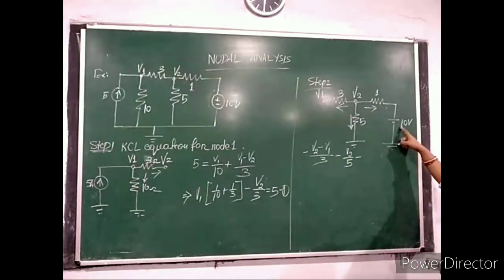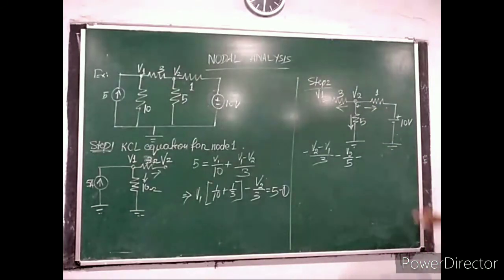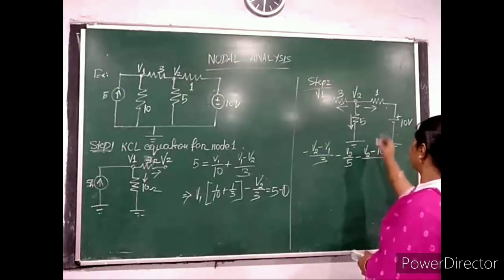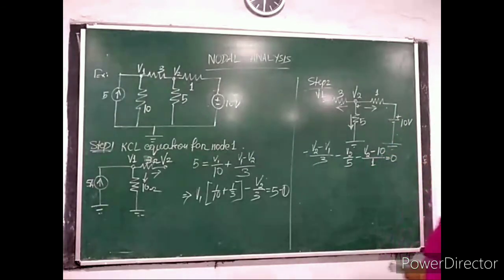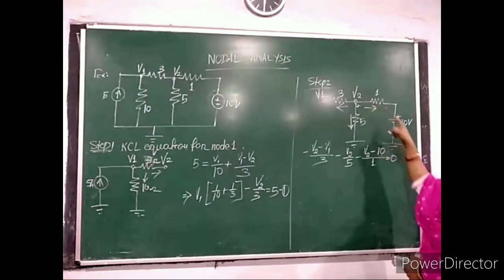Here again a voltage source is there. This is the positive terminal, and its sign is positive. Positive terminals are towards each other, so the total potential is (V2 minus 10) by the resistor 1. Why V2 minus 10, and not 10 minus V2? Because in the procedure I said that for whichever node you write the KCL equation, you assume it as a source node. Hence the potential difference I take is V2 minus 10.